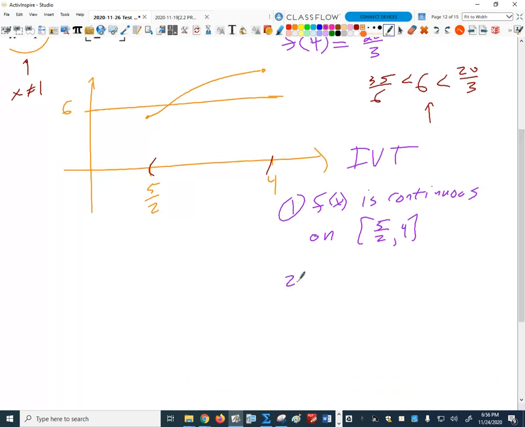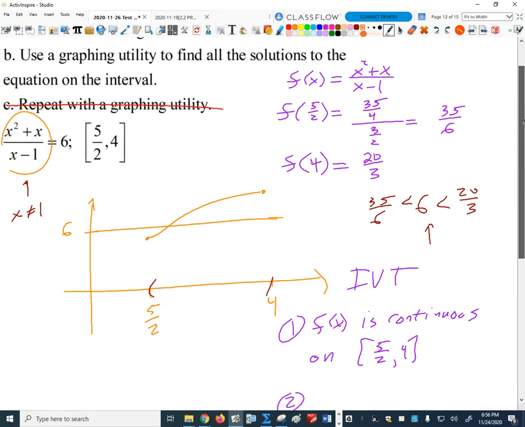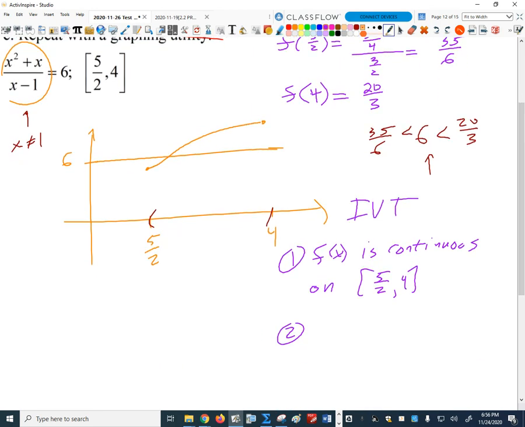And two was that f of 5/2 is less than 6, and f of 4 is greater than 6.